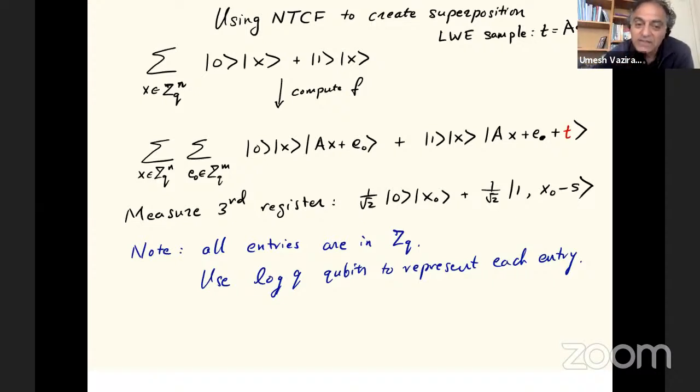On the other hand, eventually for the protocol, we want to think of working on qubits. So we are really going to be representing each entry using log q qubits, right? So when we think about this x naught and x1, we think about actually taking each of the coordinates, and instead of writing down a number between 0 and q minus 1, we actually write it down in binary. And so we have so many bits of information.